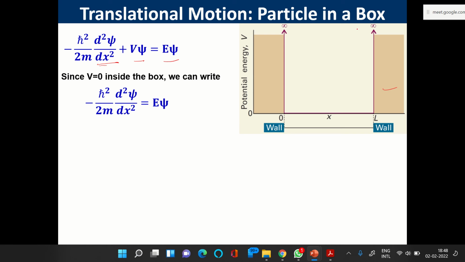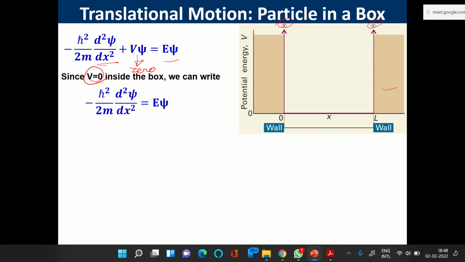These are the walls with potential energy rising to infinity. Potential energy is zero inside the box, and because the potential energy V is equal to zero, this term is gone.